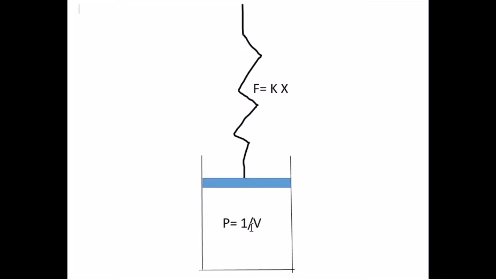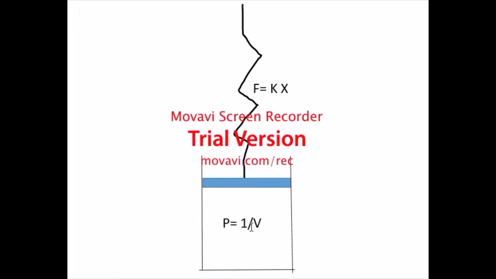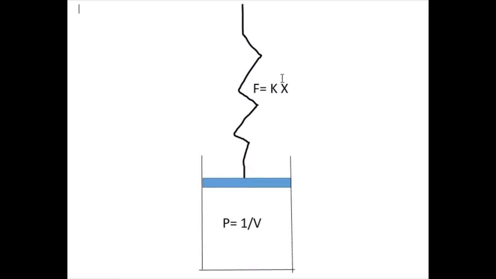So that's why P is linearly opposite. Yes. So if the pressure increases, the volume will increase. So we'll push the spring, K, the spring constant.